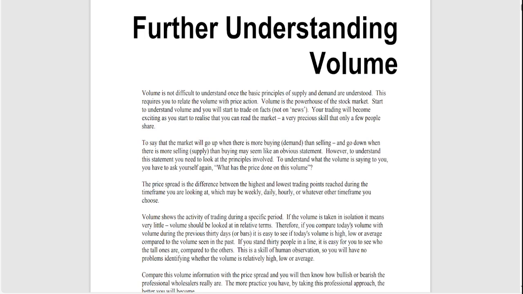You have to compare today's volume with the previous 30 days. Whenever you try to read the volume, you have to judge whether it is high, low, or average, and to judge that you have to relate it. How can you relate it? Just look at the previous 10 to 20 volumes.